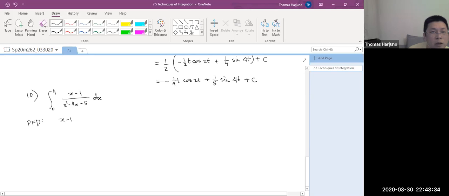Right? So x minus 1 over (x minus 5)(x plus 1) equals something over x minus 5 plus something over x plus 1. Let's simplify by the LCD.